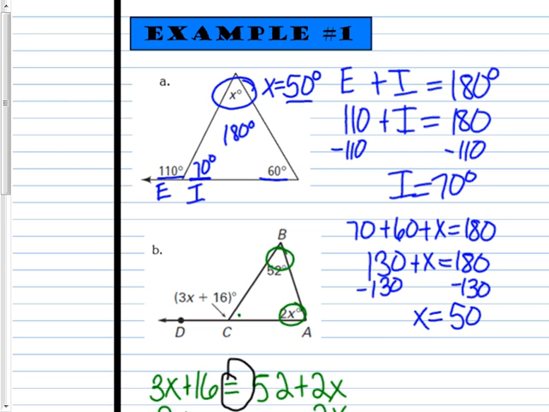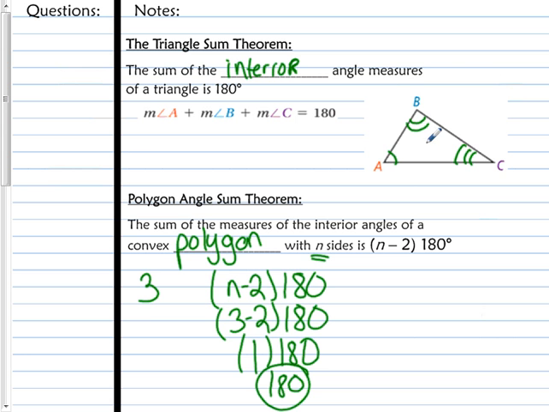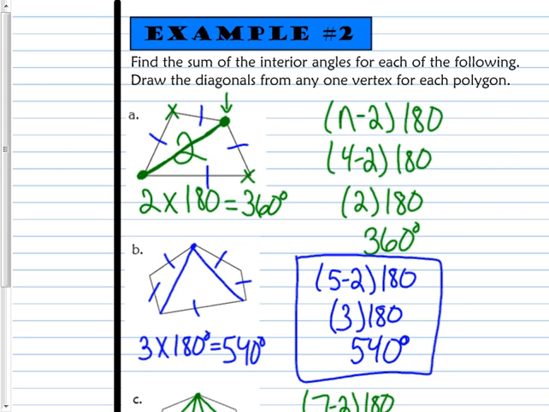We also did some examples where we found the measures of angles, which we've been doing on bell work as well. We also talked that in triangles, the angles inside add up to 180. And then the formula for a polygon is n minus 2 times 180. That's a formula we will use multiple times. We practiced that. We drew diagonals from the vertices.